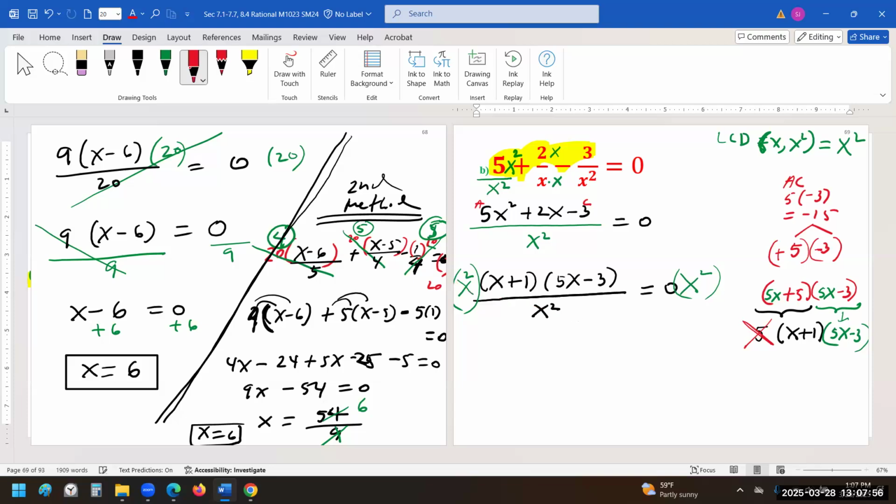So x squared cancels out x squared, and we get x plus 1, 5x minus 3. What is 0 times anything? 0.